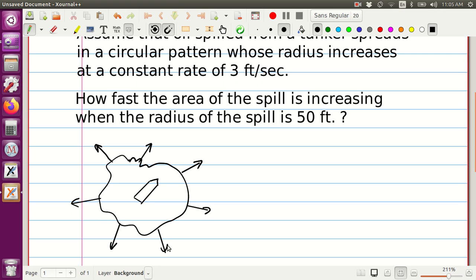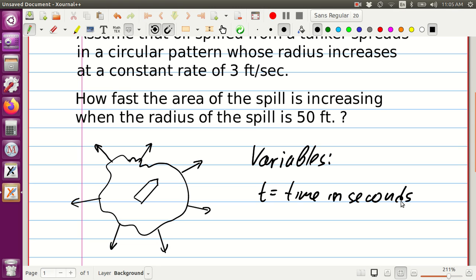Alright, so first of all, what kind of variables do we have over here? Our variables are the following. t is equal to the time in seconds from the moment of the spill.